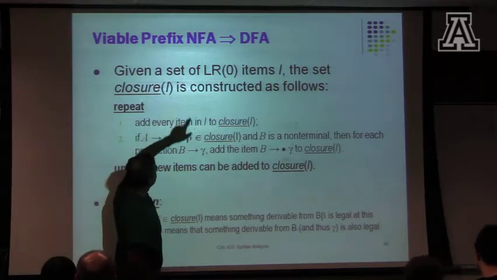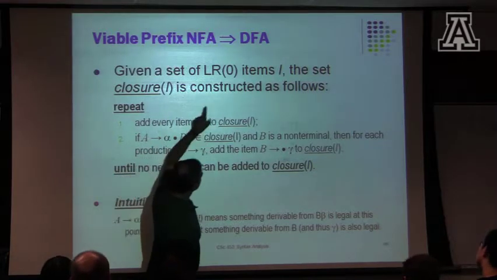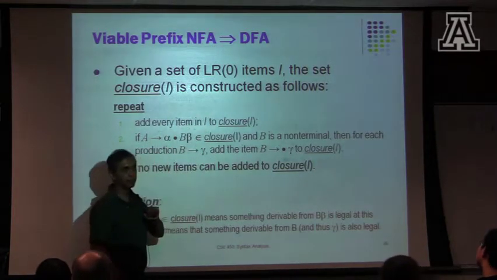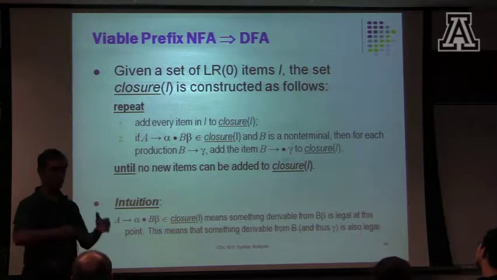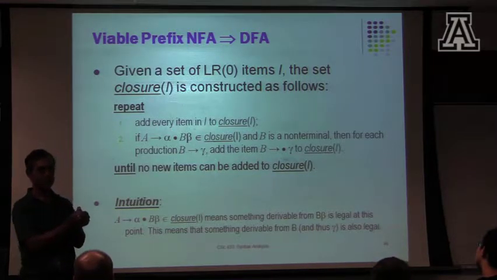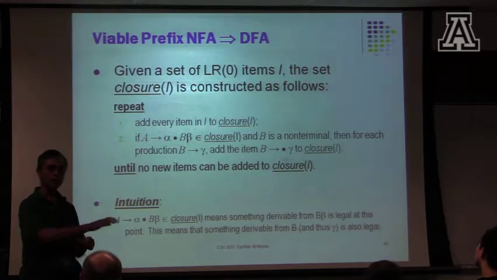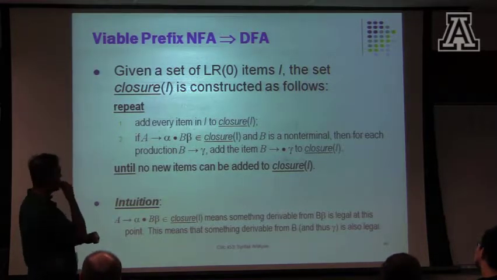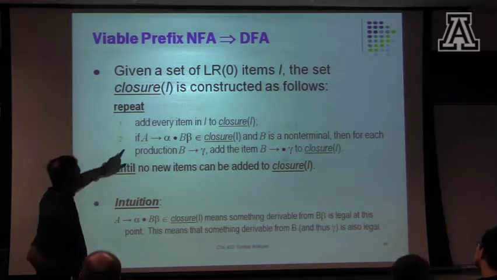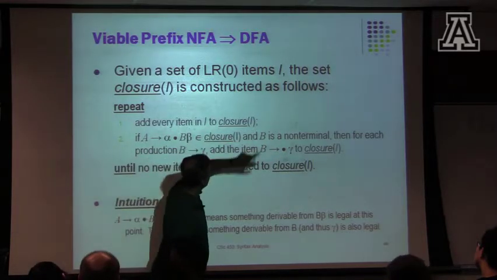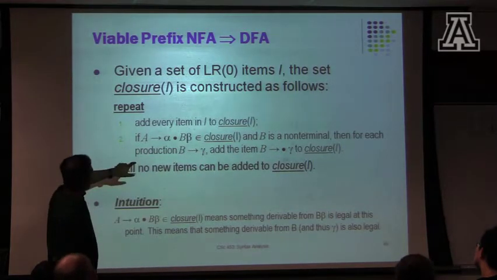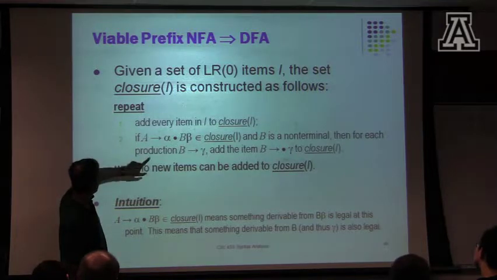I start with a set of LR0 items, and I'm going to close it off looking only at epsilon transitions. Everything that's in I, I'm going to add to closure of I. So that's the first step.